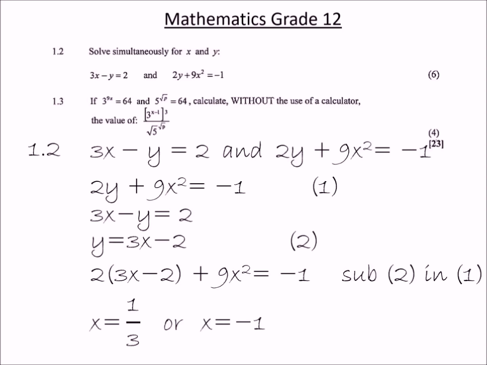If we substitute these values into the second equation, we will get y is equal to minus 1 or 5. Therefore, x is equal to 1 over 3 or minus 1, and y is equal to minus 1 or 5.